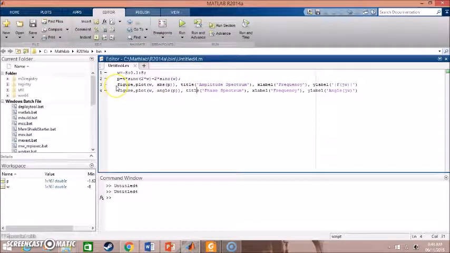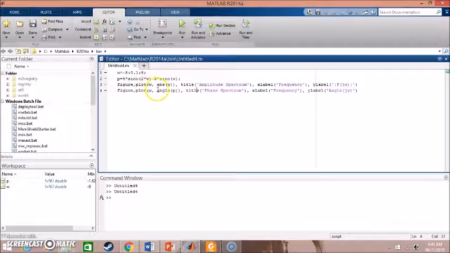For the third line, we use figure, plot w, abs p, title amplitude spectrum, xlabel frequency, ylabel modulus F of j omega.